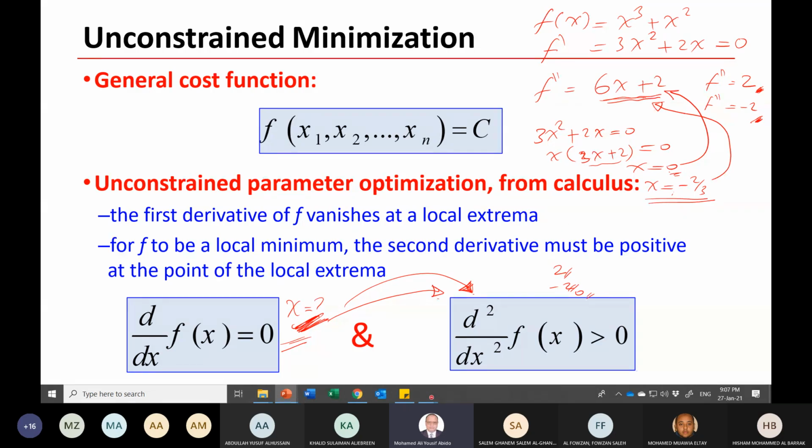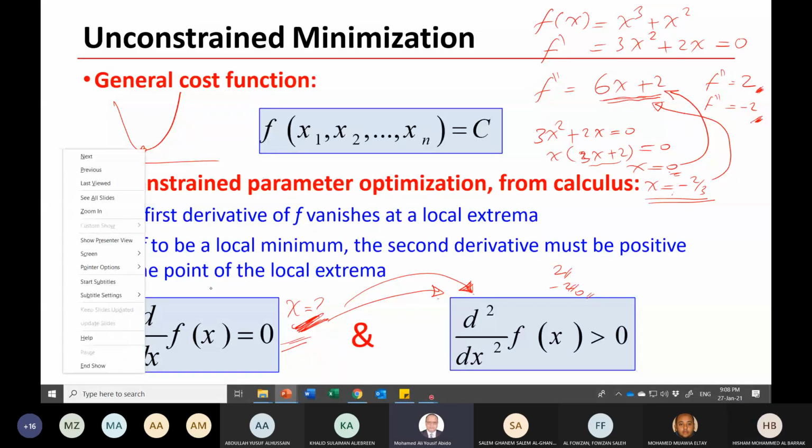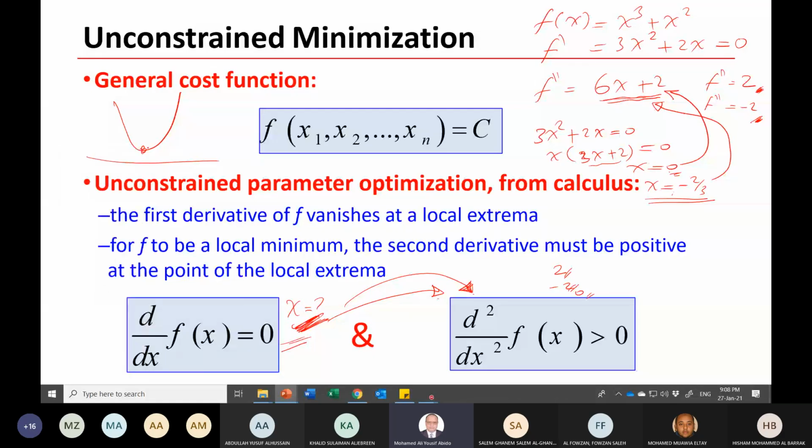Is it clear? Yeah. What about if our function is x square only? The second derivative will be 2. That is very logical, because this is the function x square, so we have local minima only. f double prime will equal 2, so it's greater than 0.